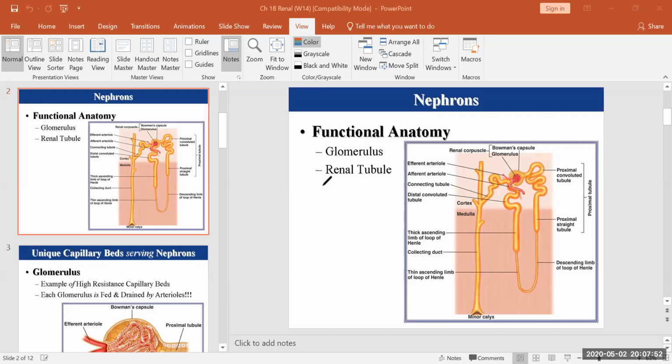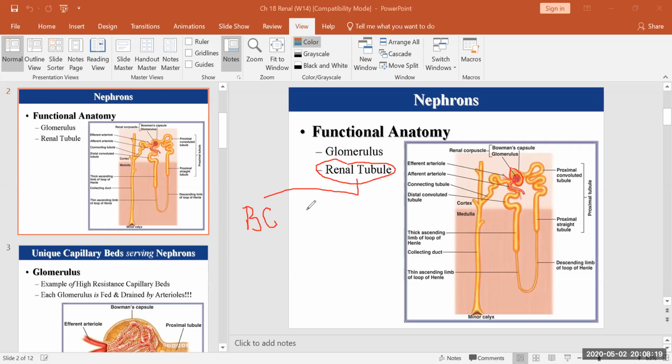And in addition to the capillary bed, the nephron is actually a series of renal tubes, renal tubules. So you have the renal tubule includes the Bowman's capsule, this head here, okay, excluding the glomerulus, okay?